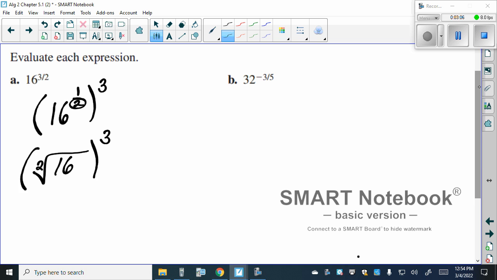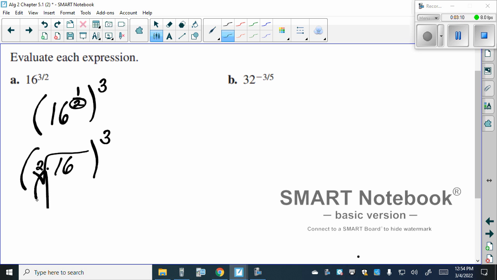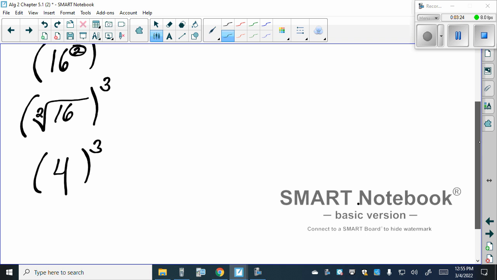So what we're trying to find now is the square root of 16, and then we're going to put that to the third. Well, what is the square root of 16? It would be 4, because we're trying to see what number times itself is 16, which is 4.